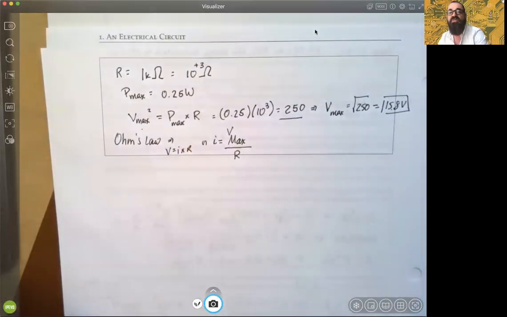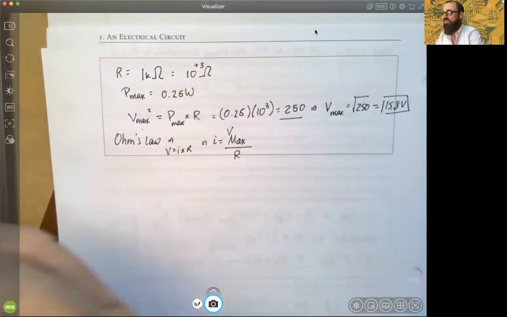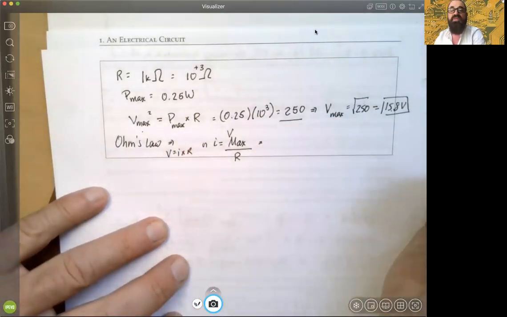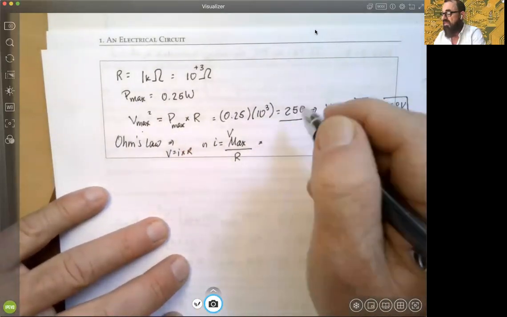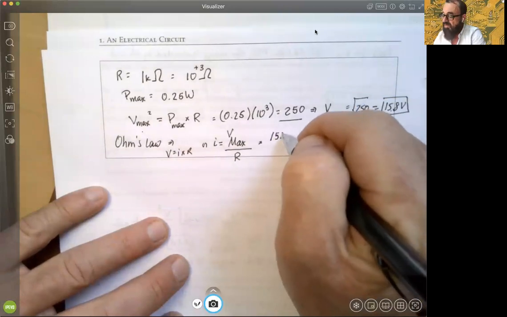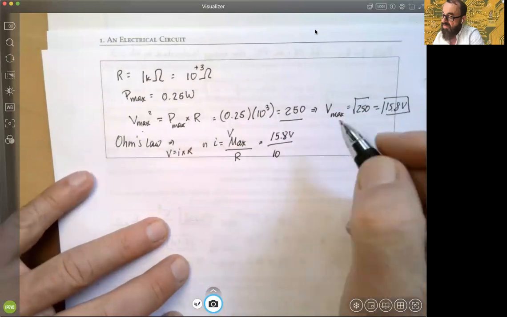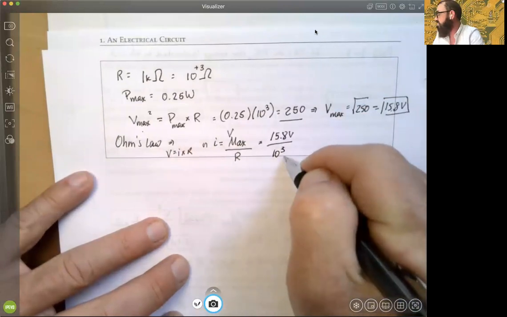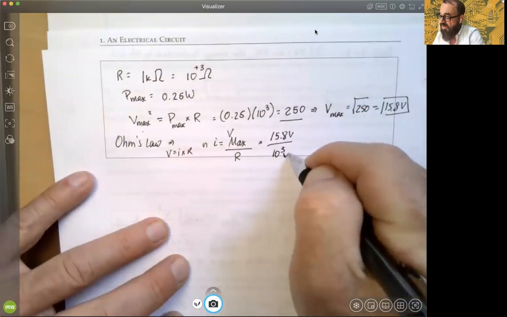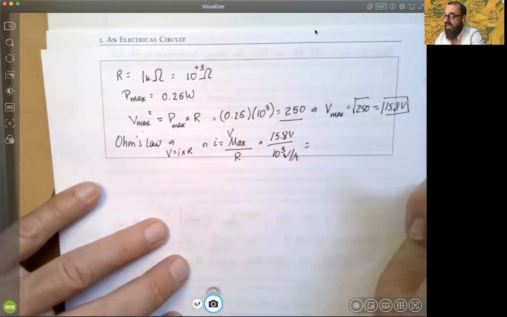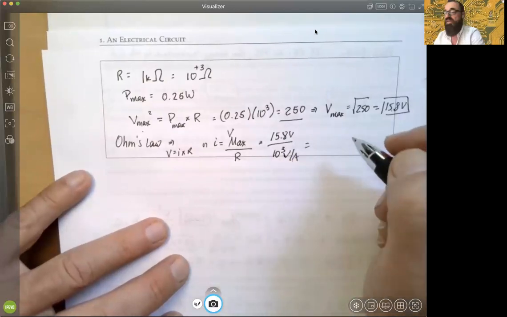Again, because this particular voltage is for the maximum power rating, just using consistent subscripts. And we already know what Vmax is. That's 15.8 volts. And we are dividing by 10 to the third ohms, which is again volts per ampere. And we will get amperes back, which is excellent.